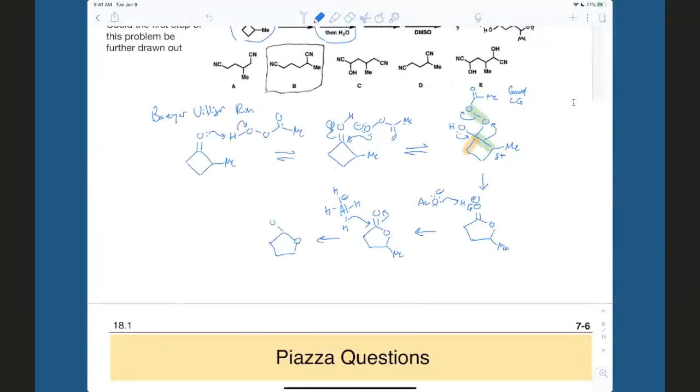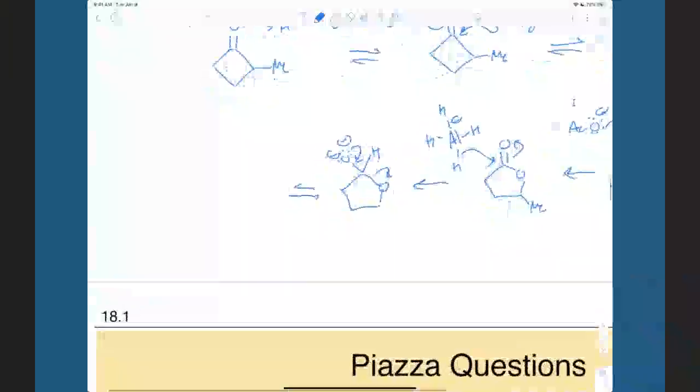This will make a new tetrahedral intermediate with now this O minus. And these tetrahedral intermediates always collapse quite quickly, and they're in equilibrium. So this will be ring opening, and it'll be in equilibrium. Perhaps it's not even a favored equilibrium because it is a cyclic acetal, but there is some equilibrium there.